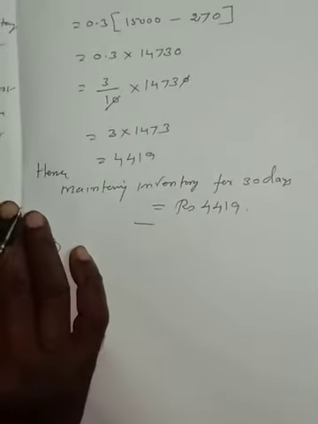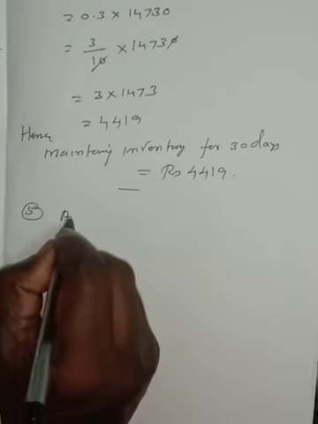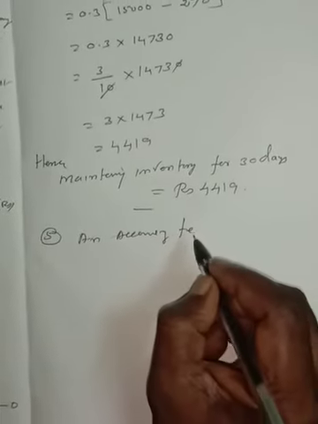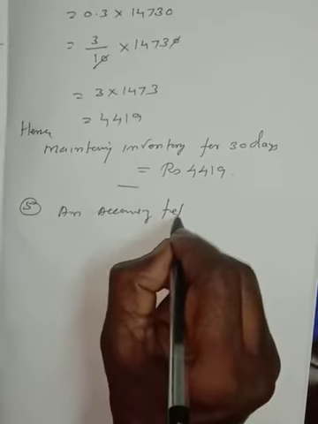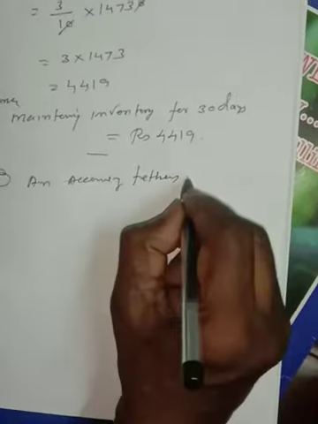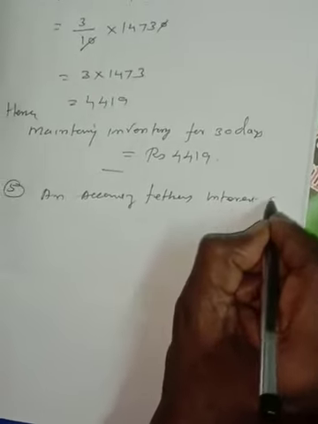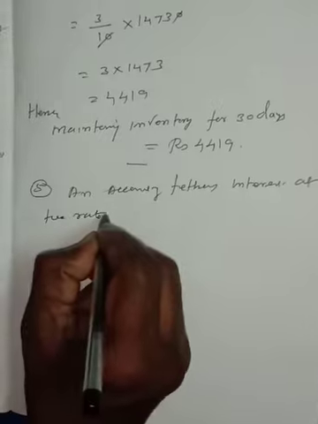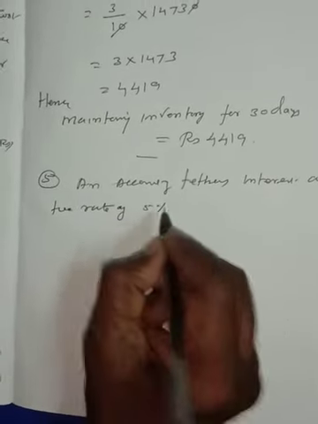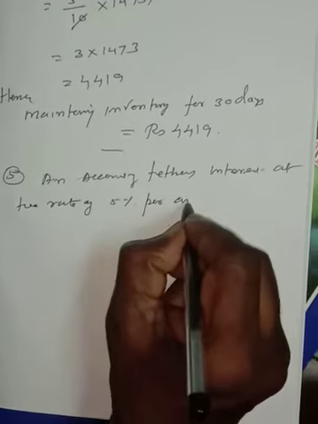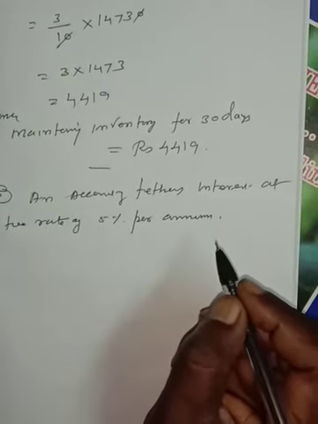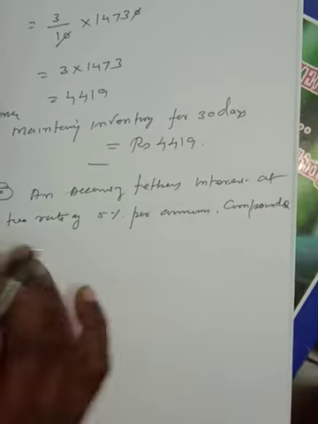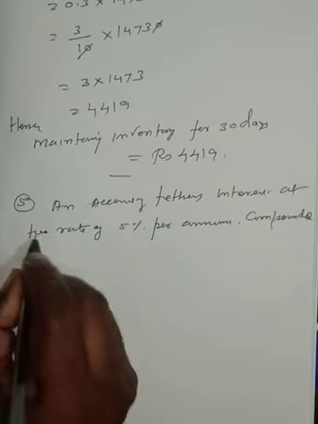An account of interest at the rate of 5% per annum, compounded continuously.